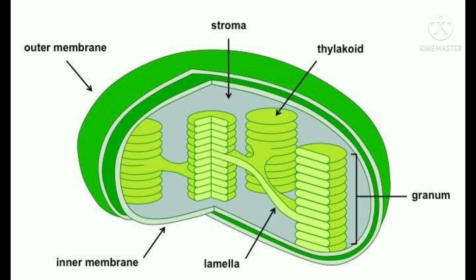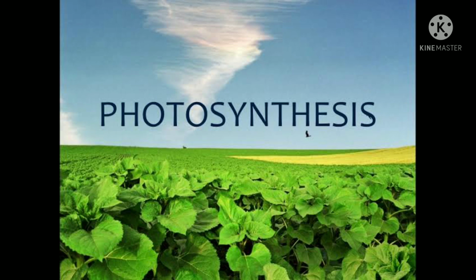As you can see, the two grana are connected with one another by lamellae, which are also known as frets or stroma lamellae. So dear students, another thing you should remember is that the thylakoids are the site of light reaction of photosynthesis. Dear students, you know that there is a chlorophyll which is found in the thylakoids of chloroplast.